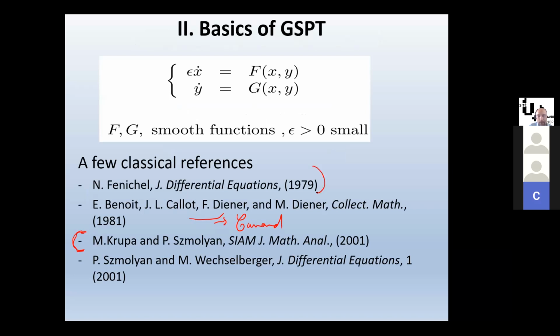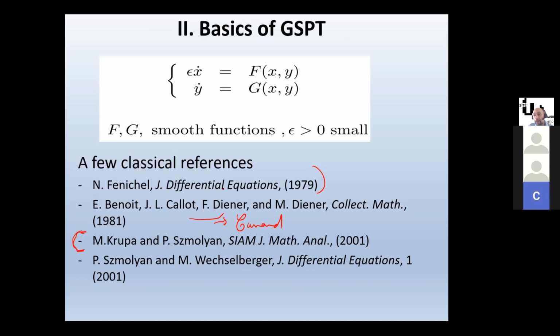So this is the basic GSPT theory, so Fenichel theory, with the reduced and the layer problem. So what does it say? It says more than I say. It's more theoretical, but it says that the critical manifold, when the derivative with regard to x is non-zero, stays.